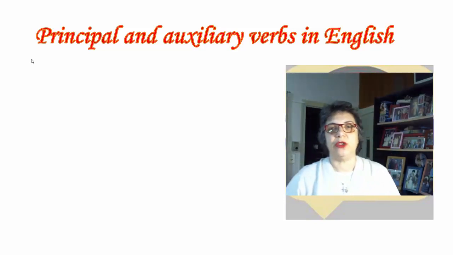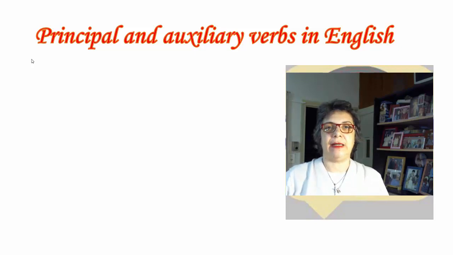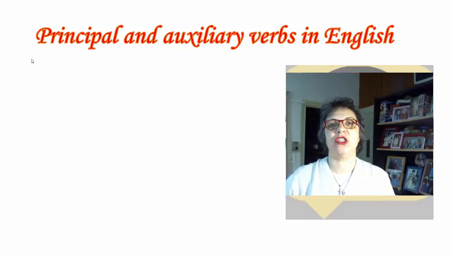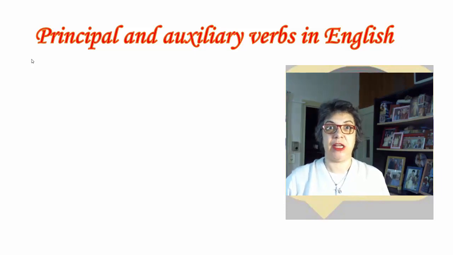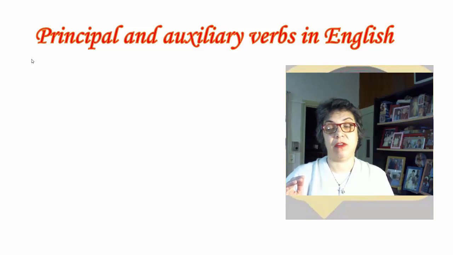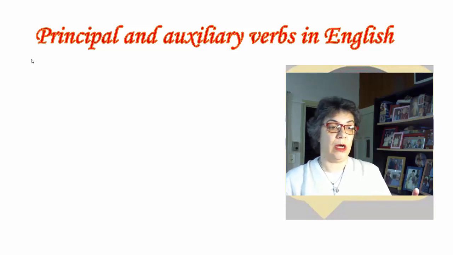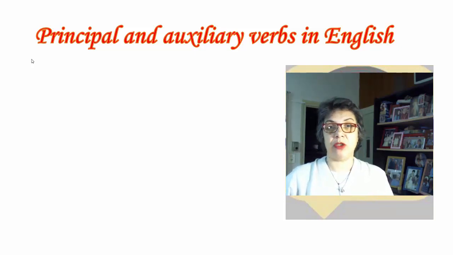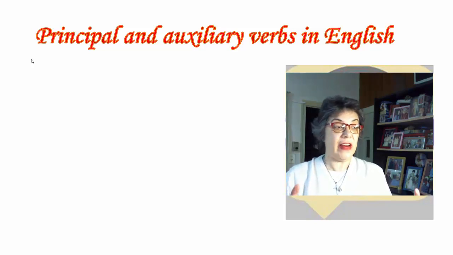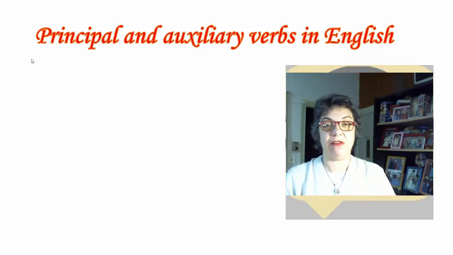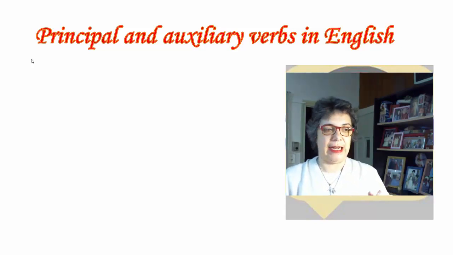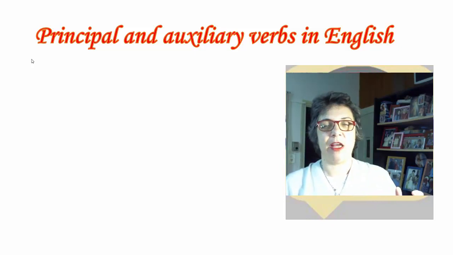Well, now we are going to see what happens with the principal verbs in English and the auxiliary verbs in English. Maybe you are at the elementary level of the English language and you have always found the area of principal and auxiliary verbs a little bit difficult to catch, hard to understand.